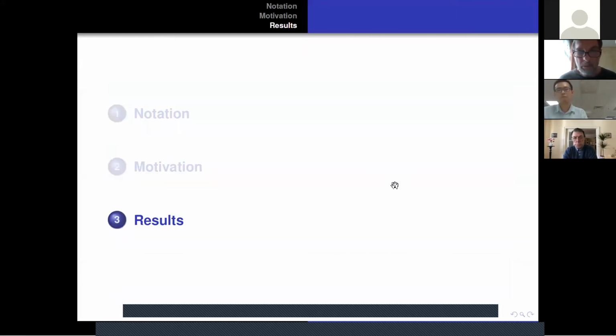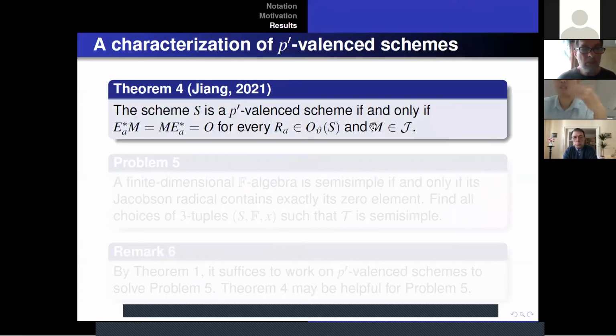So let me introduce the results. Firstly, consider this if and only if condition. The scheme S is a p-prime valenced scheme if and only if for every R_a belonging to the thin radical and M belonging to the Jacobson radical, because this is a matrix, you can have E_a star, which is a matrix. M here is also a matrix.